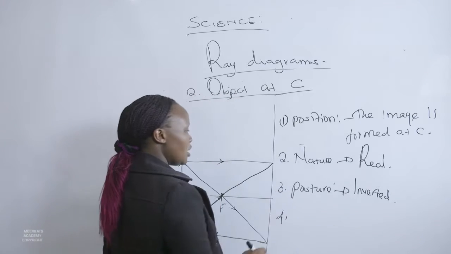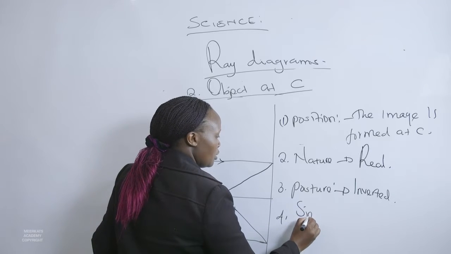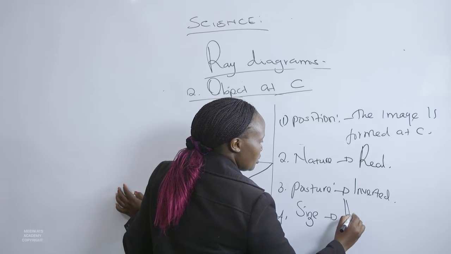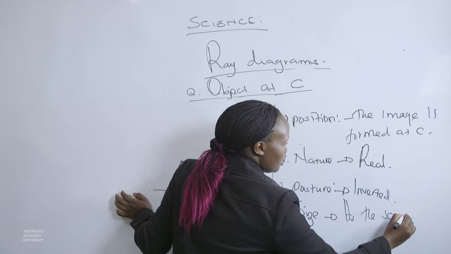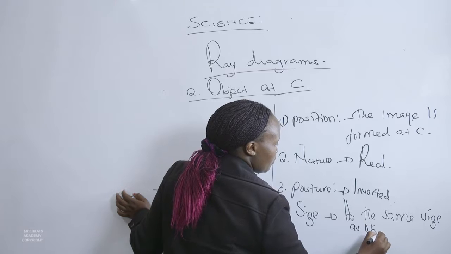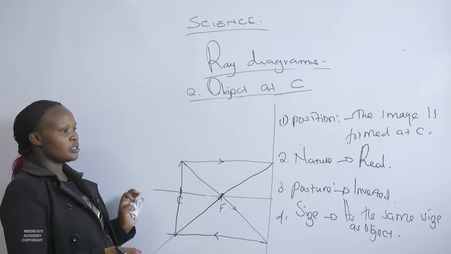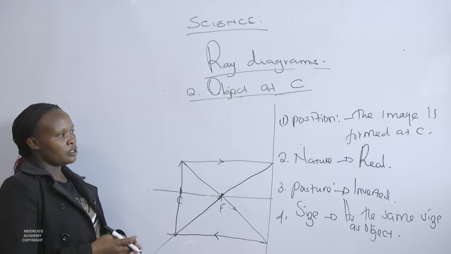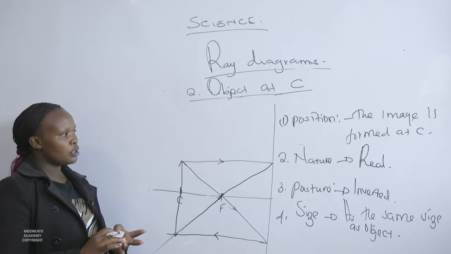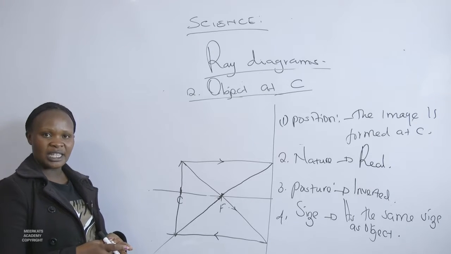And number 4, which is the last one, we could talk about the size of the image, and say it's the same size as the object. Therefore, it is a must for us to consider the 4 aspects for us to have described our image fully. Talk about the position, the nature, the posture, and finally the size.